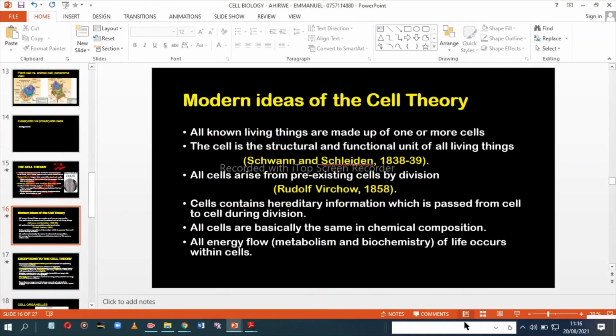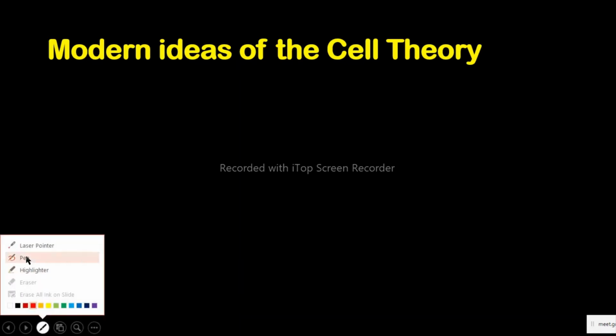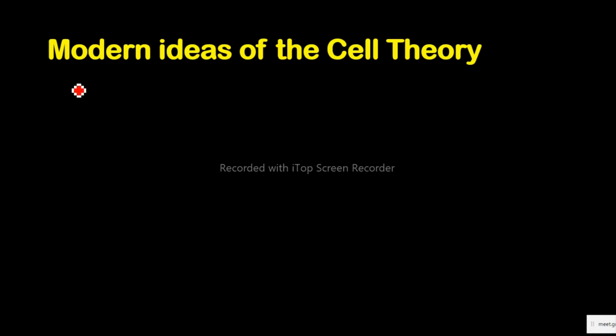So from that, they were able to postulate their own ideas of cells. But from those ideas, we have added these ideas together to bring about the modern view of a cell, and it makes the cell theory.